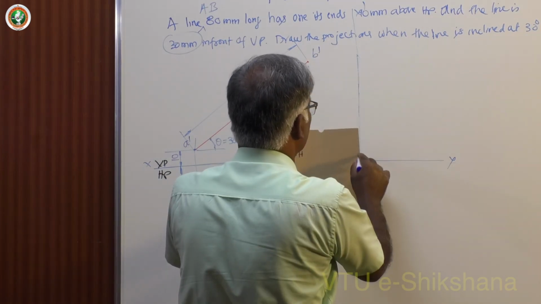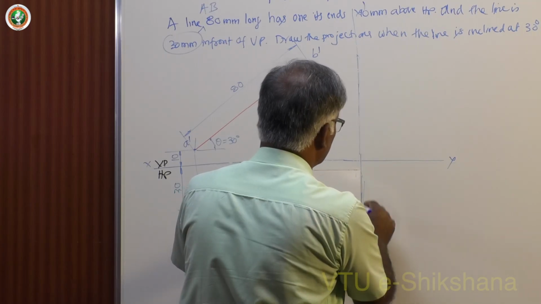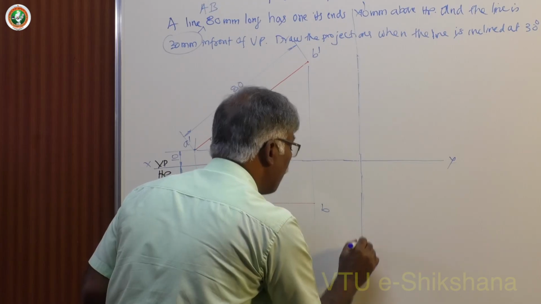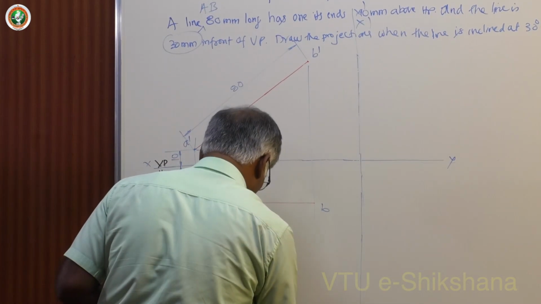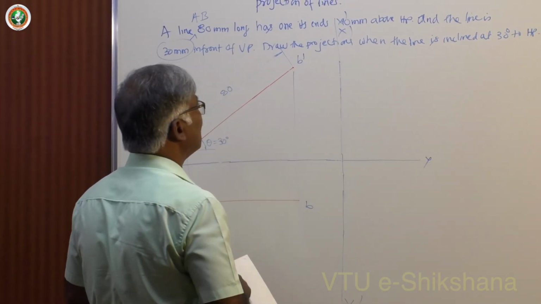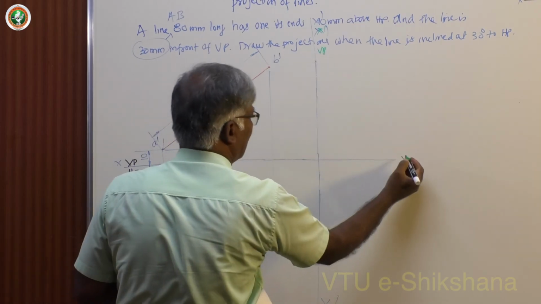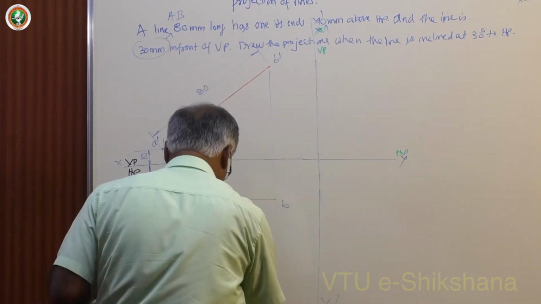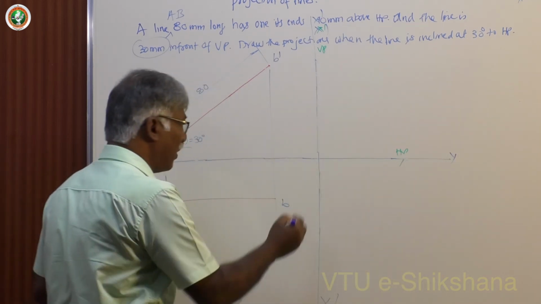X dash Y dash, that gives you the RPP value. This is VP of RPP, this is HP of RPP. Yes. Now draw a 45 degree line.